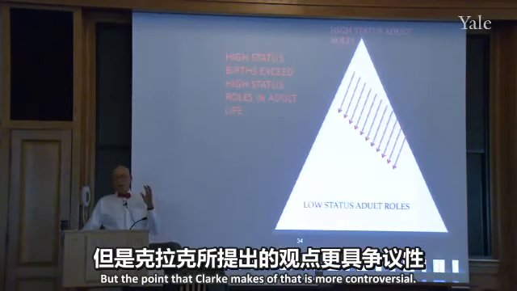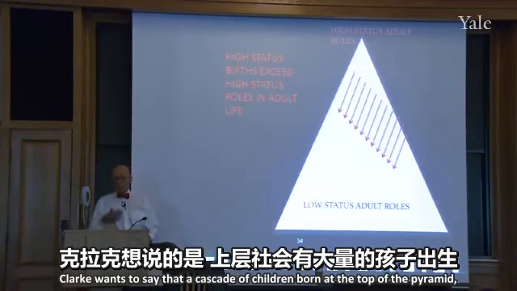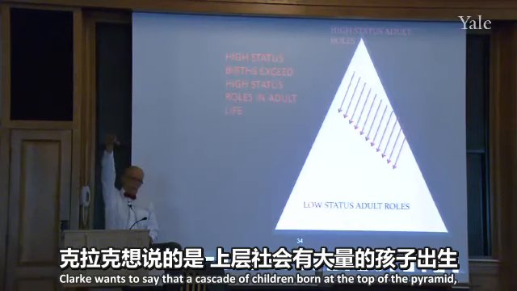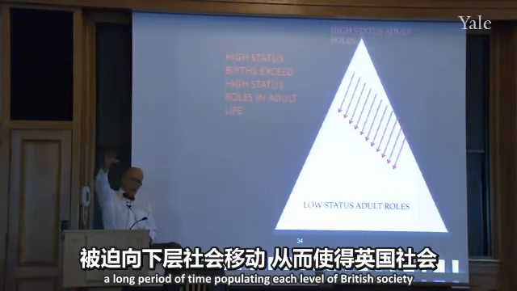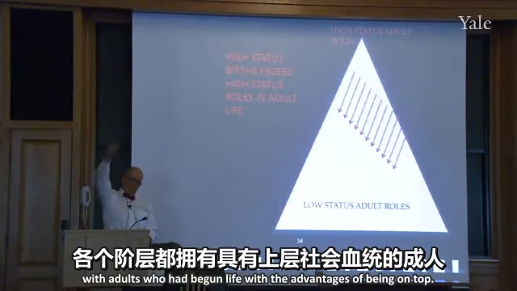But the point that Clark makes of that is more controversial. Clark wants to say that a cascade of children born at the top of the pyramid, a cascade of those children were forced to be downwardly mobile for a long period of time, populating each level of British society with adults who had begun life with the advantages of being on top.